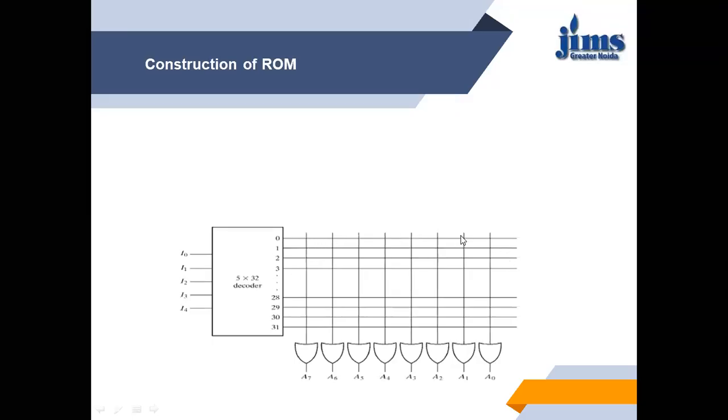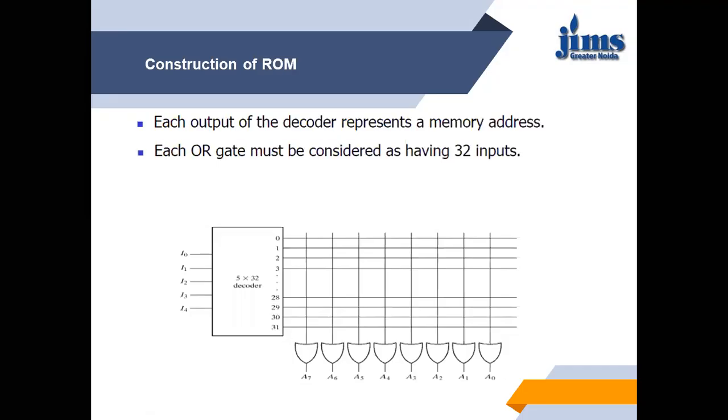Here we get 1, 2, 3, 4, 5, 6, 7, 8. Then the memory will be a 5 to 32 decoder, and each word is of 8 bits. So these are the bits. Each output of the decoder represents a memory address, 0 to 31, that is, a total of 32 memory addresses.